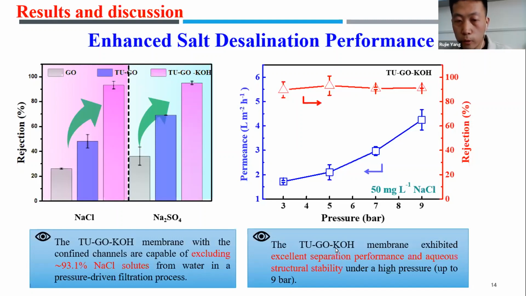The effect of pH on the membrane stability is not studied now. We hope to further study different pH, for example, pH value 1, pH equals 10.